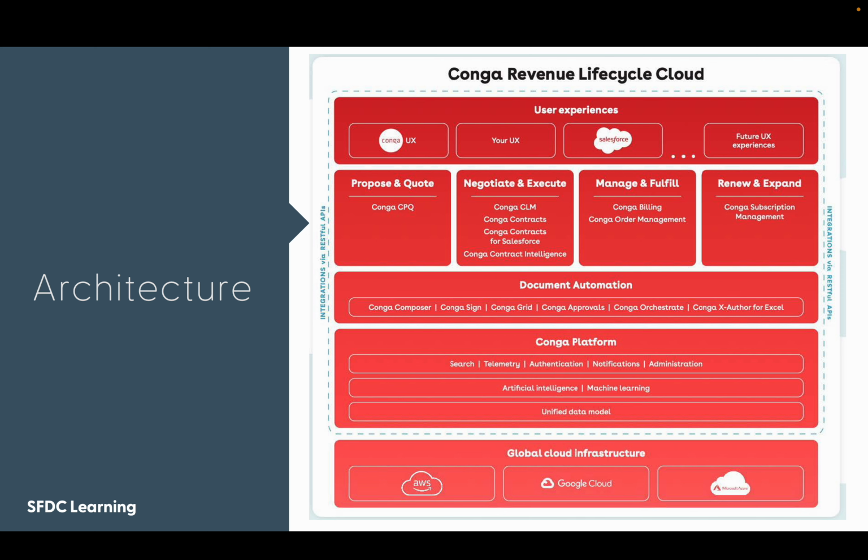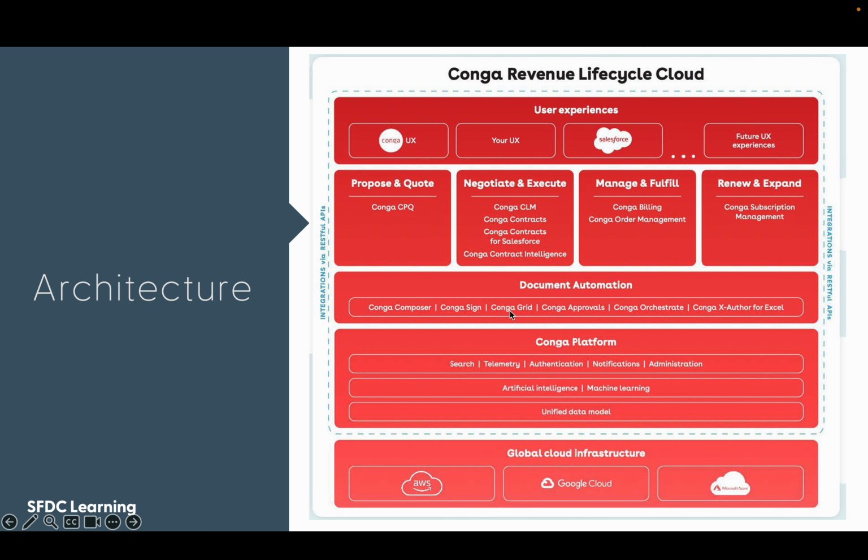Conga has come up with the API first approach, right? So whatever solution you want to use, you call the API, they'll give you the data, and you render it. Okay, so the proposal, the quote creation, or see Conga CPQ, CLM, contract, billing, subscription management.